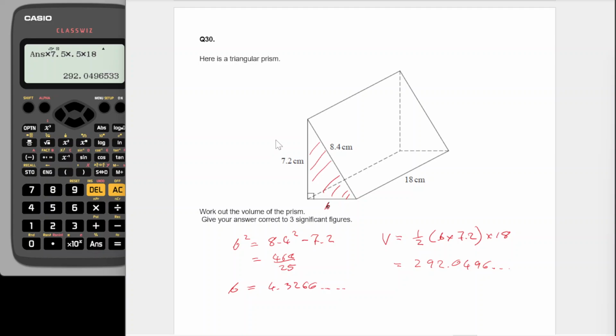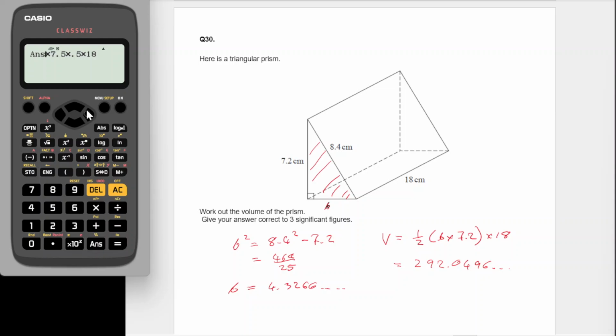And I've just spotted I've typed something wrong in my calculator. If we look, I typed 7.5 instead of 7.2. So if I go back and do that again, so that was 4.3266, and then I need to change that for a 2.